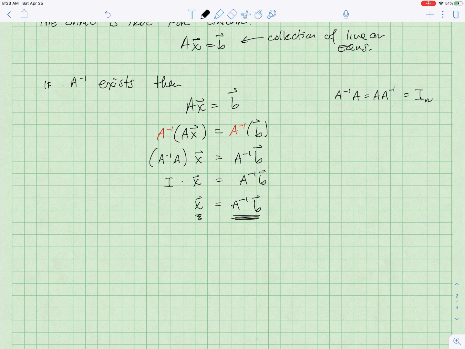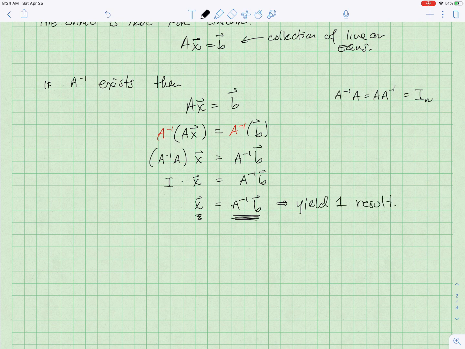Now, what I'd like to say about that is, no matter how complicated A inverse is, or whatever the B column is, this product, A inverse times B, that multiplication is only going to yield one result.